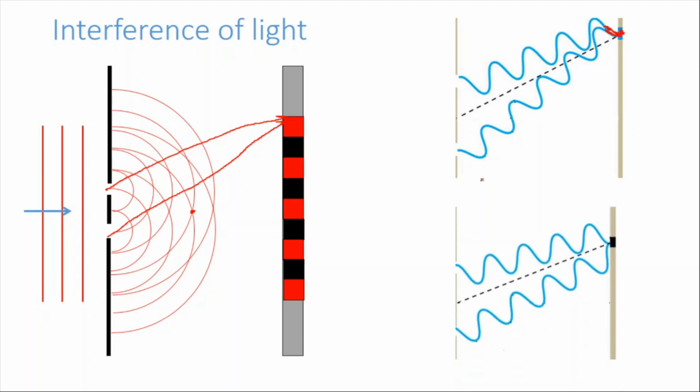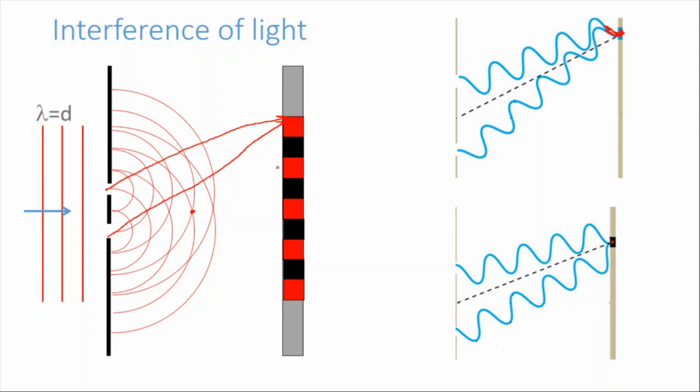On the other hand, if the two waves come to the screen out of phase, they destroy each other, and at that point we see a dark point. So on the screen we have bright and dark regions. At the bright regions, constructive interference happens, and here destructive interference happens.